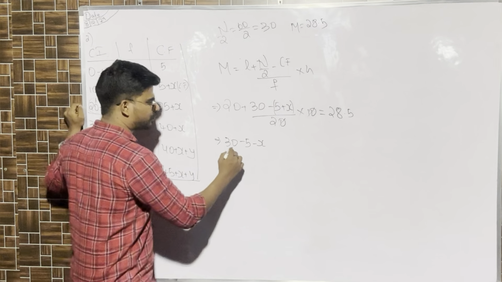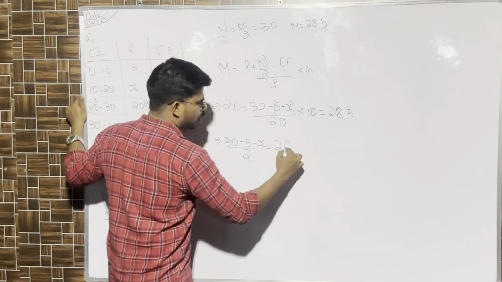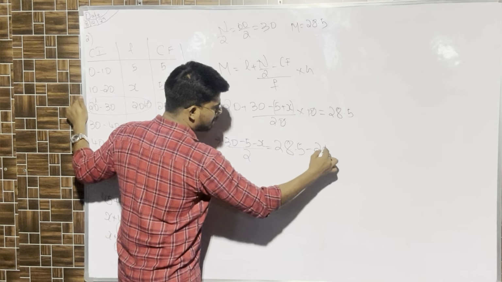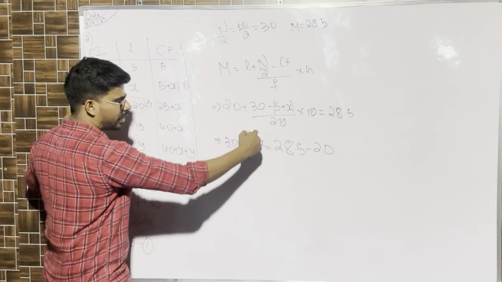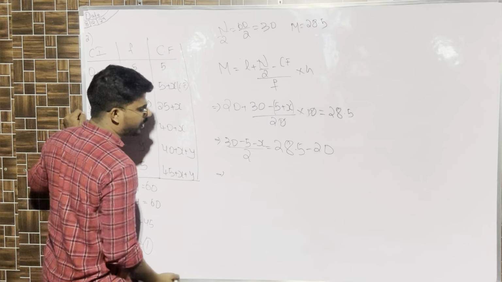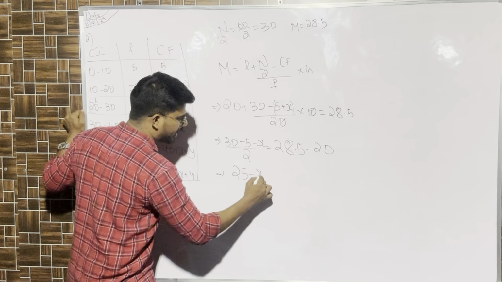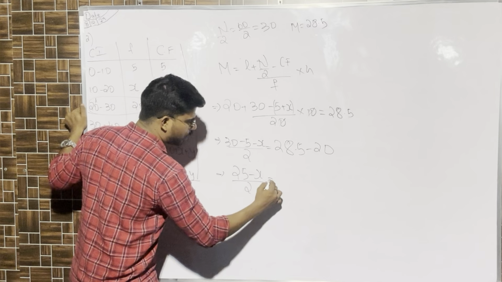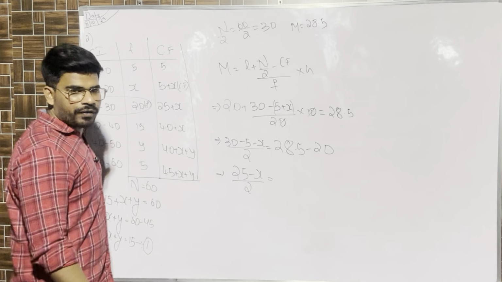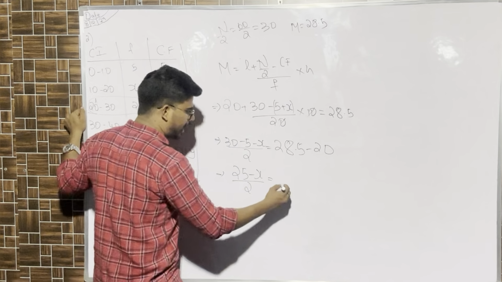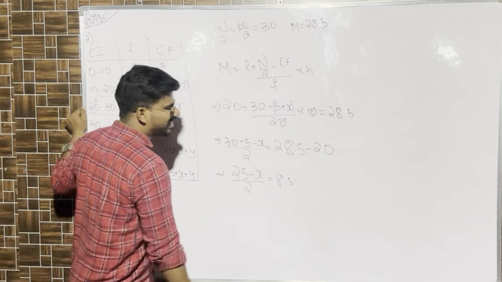Divided by 2 is equal to 28.5 minus 20. So 10 and 20 cancelled here, right? 30 minus 5 is 25. 25 minus X divided by 2 is equal to 8.5. 28.5 minus 20 is 8.5. 2 is in division.